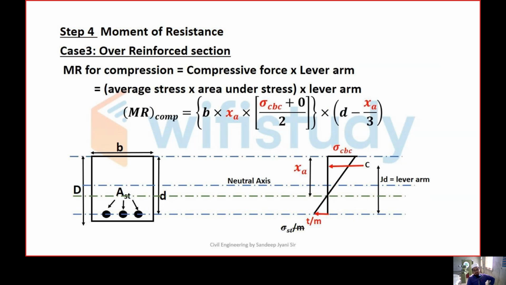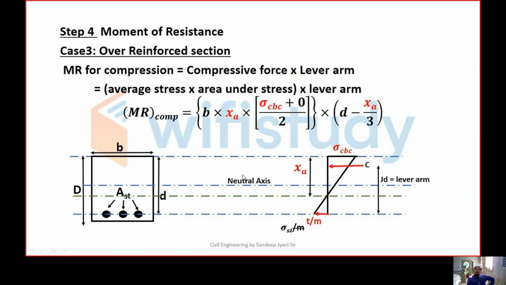Coming to the over reinforced section, the actual depth of neutral axis lies below the critical depth of neutral axis. This green line indicates the actual depth of neutral axis, which lies below the blue line, which is the critical depth of neutral axis.